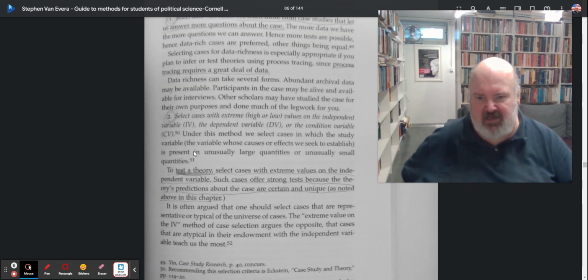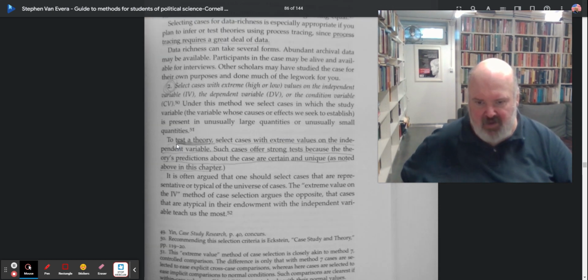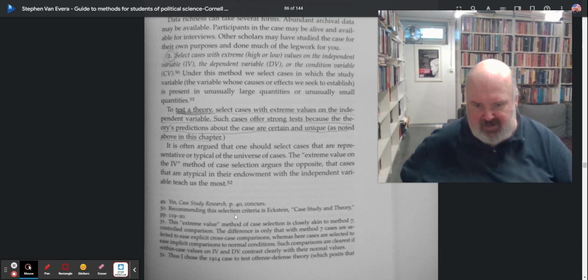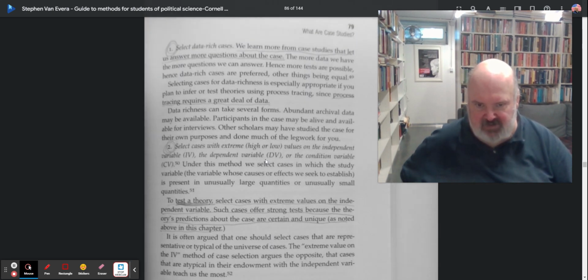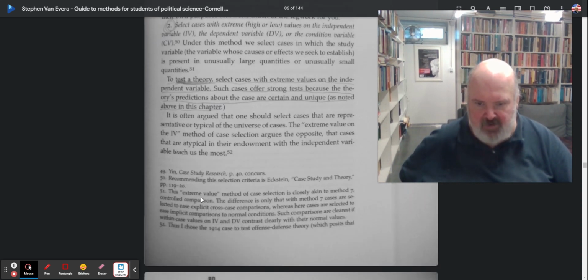Two, select cases with extreme high or low values on the independent variable, IV, dependent variable, DV, or condition variable, CV. Recommending this selection criterion is Eccleston. Under this method, we select cases in which the variables whose cause and effect we seek to establish are present in unusually large or unusually small quantities. This extreme value method of case selection is closely akin to method 7, controlled comparison.